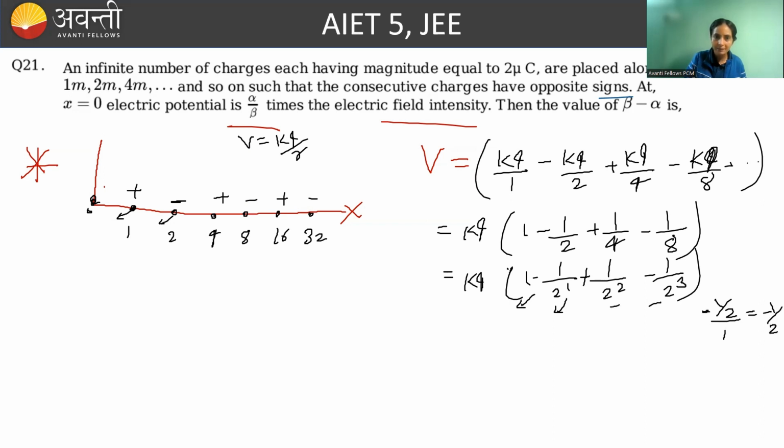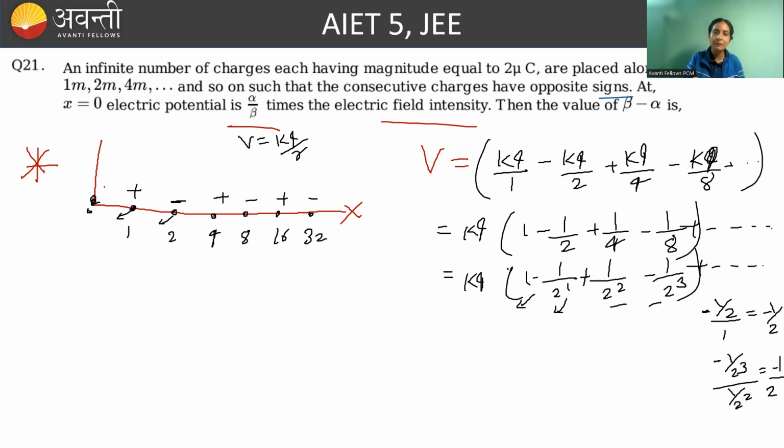Now the ratio of this and this will be minus 1 by 2 to the power 3 divided by 1 by 2 to the power 2. So again, this will be equal to minus 1 by 2. So the ratio of consecutive terms taken together is the same. So this is your geometric series, continuing up to infinity.